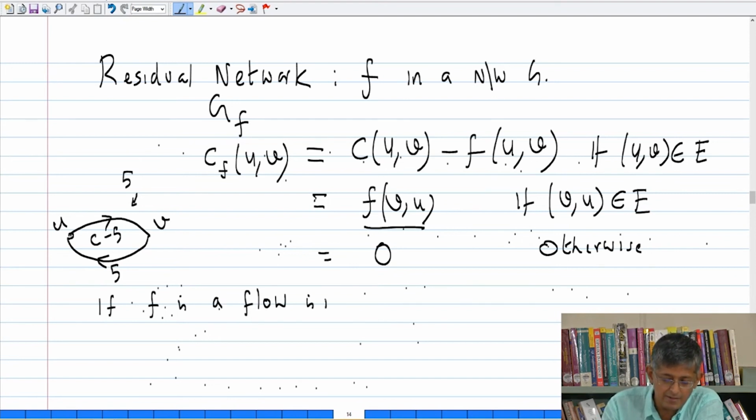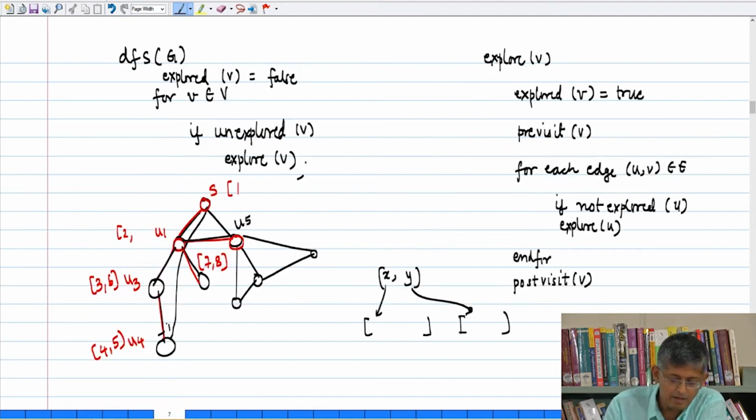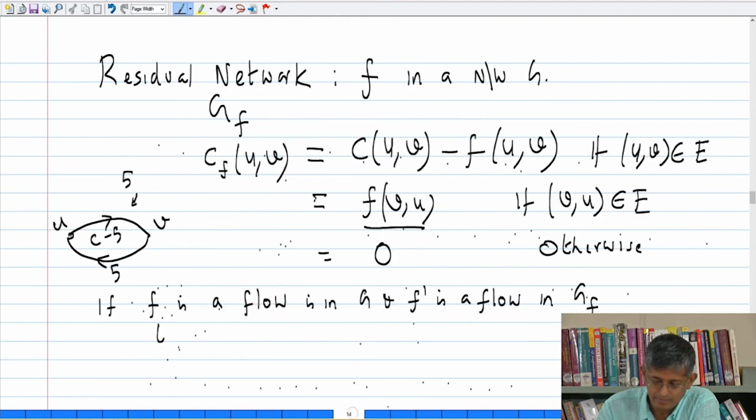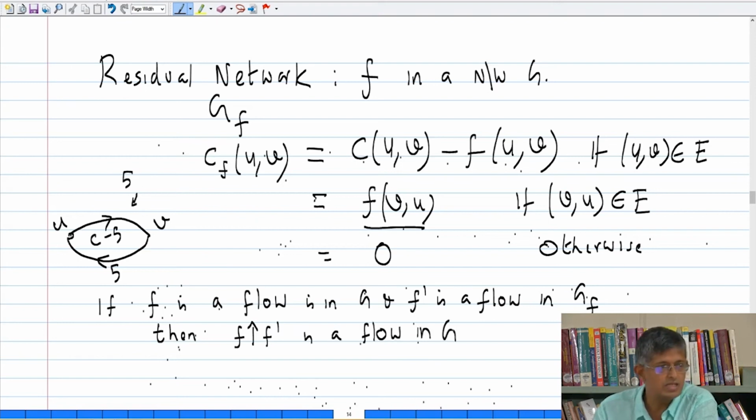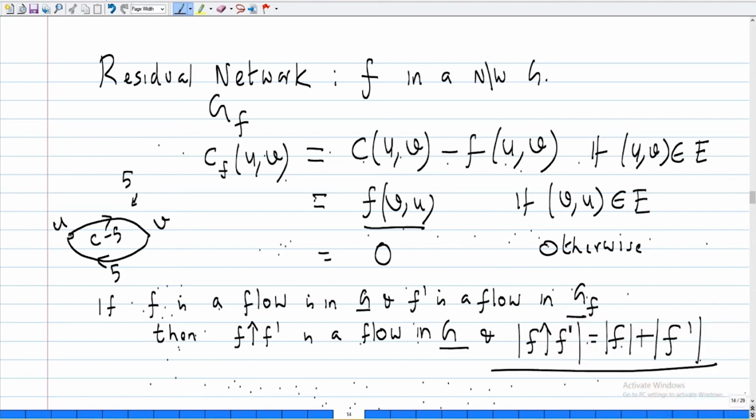If F is a flow in G and F prime is a flow in GF, then F augmented by F prime is a flow in G. And so this is the measure of progress that we are going to see, that the Ford-Fulkerson template will, superficially speaking, keep improving the flow.